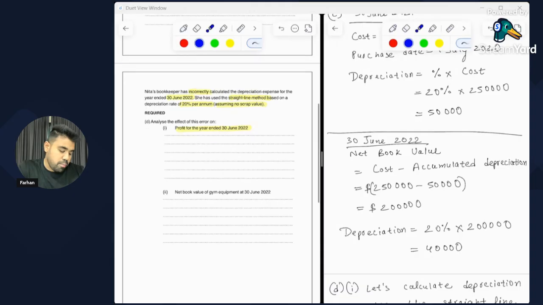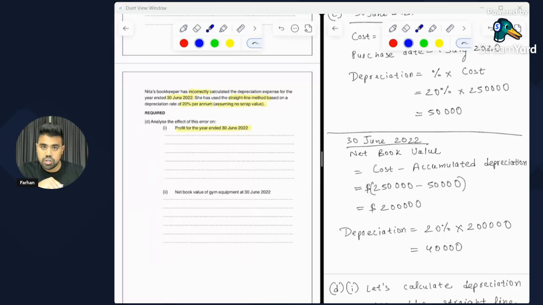The requirement is to analyze the effect of this error on the profit for the year ended 30 June 2022. We understand that we are supposed to use the reducing balance method, but the bookkeeper mistakenly used the straight line method. We want to find the effect of this mistake on the profit.